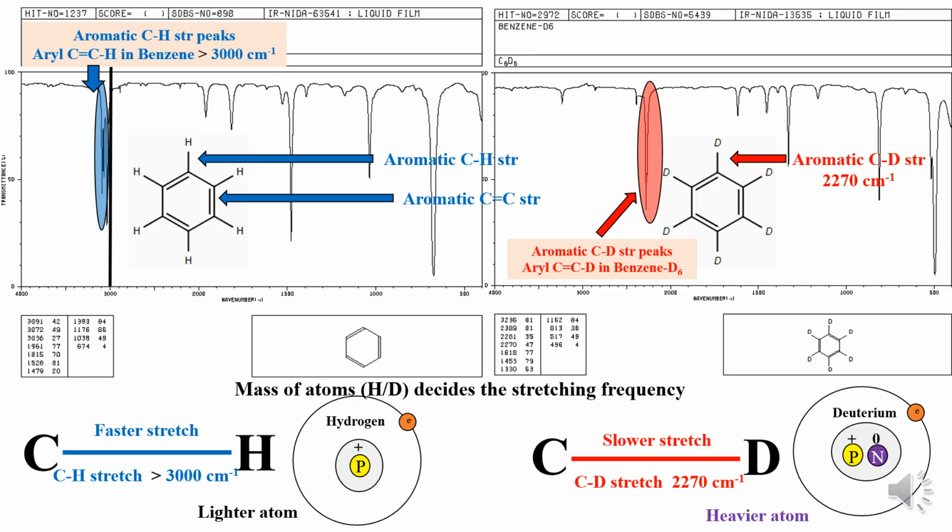So deuterium atom is heavier than hydrogen atom. So it is the heaviness of the deuterium atom that leads to slow stretching, and hence the absorption peak for carbon deuterium stretch occurs at a lower wave number. And there are no aromatic CH stretch peaks in case of deuterated benzene, as there are no aromatic CH bonds.